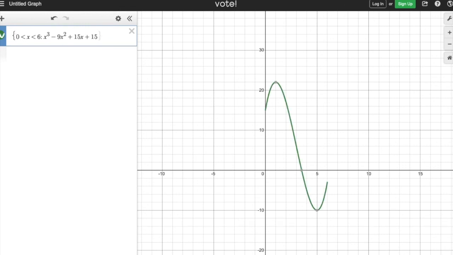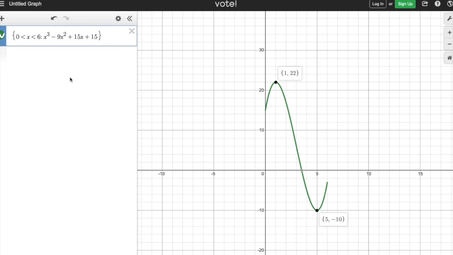I'll have to use curly brackets to do that. Then it'll show me only the parts of the function that lie in between 0 and 6. And indeed, we then see that the maximum and minimum values are precisely 22 and minus 10, occurring at those two critical values where the function is turning around.